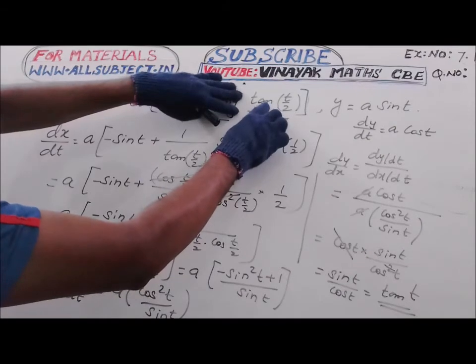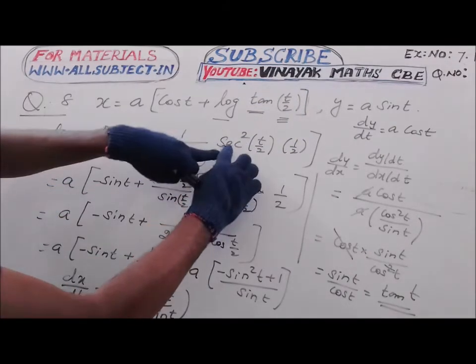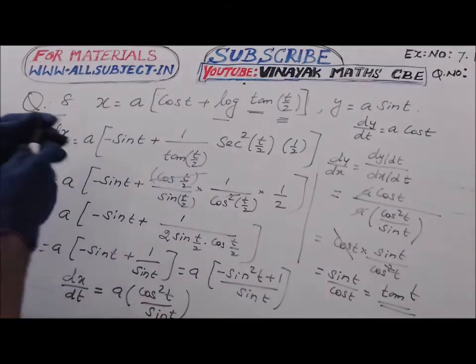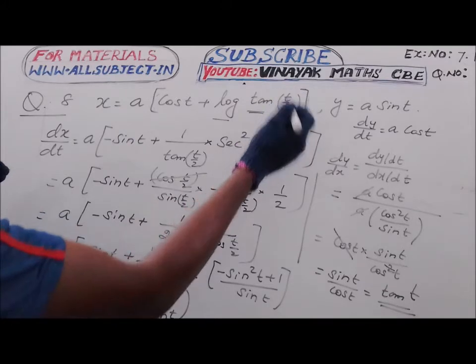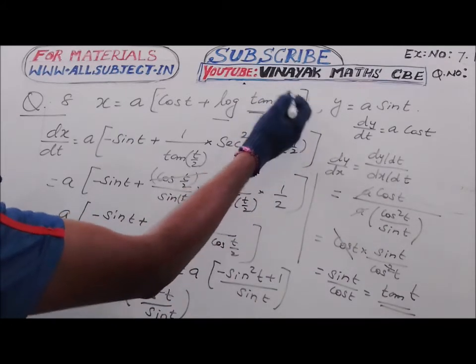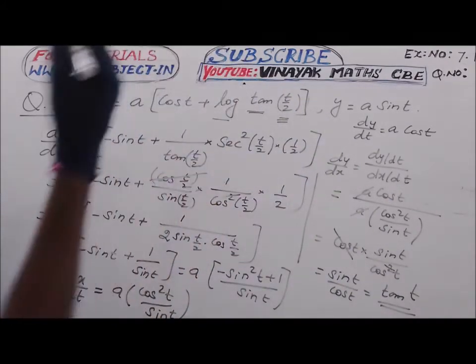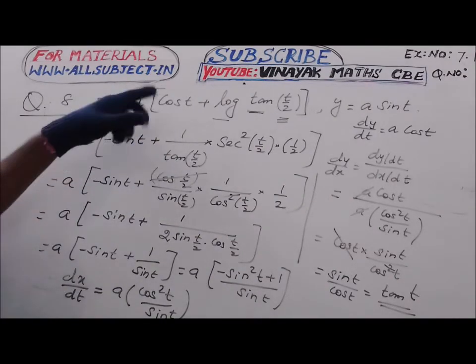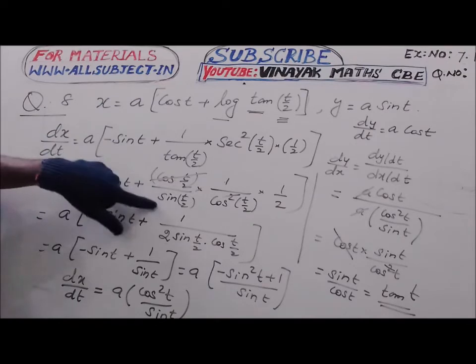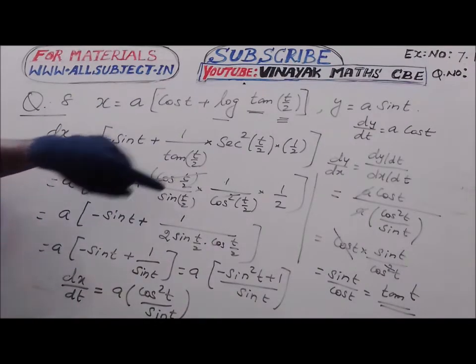Tan x means secant square x. Instead of x we have t by 2, so secant square t by 2, multiplied with the previous answer. Differentiating t by 2 with respect to t, we get 1 by 2. And then simplifying it, 1 by tan means cot, cot means cos by sin, this is cos t by 2 by sin t by 2.